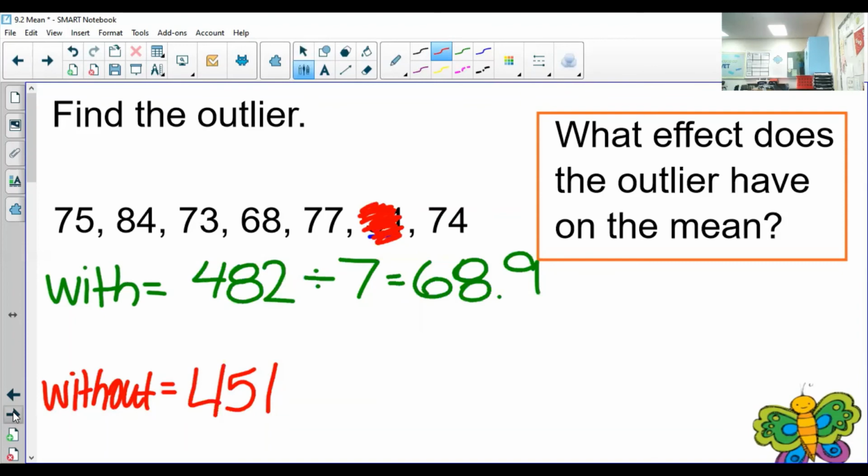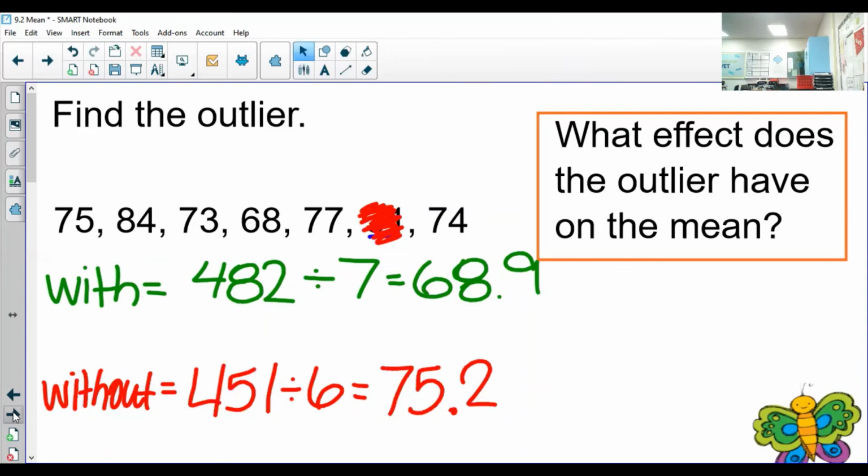Well, we have one less, so we're actually going to divide by 6. And we get 75.2 if we round. So what effect does the outlier have on the mean? Well, if I have the outlier, my average is 68. If I don't have the outlier, it's 75.